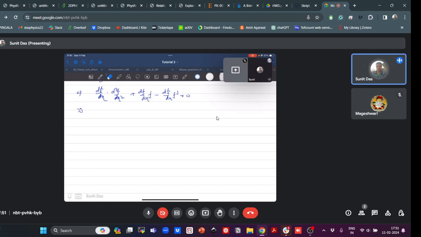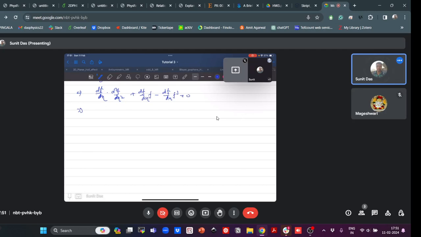So now we can express this equation as, what we'll essentially do now is that we'll integrate with respect to df, right?